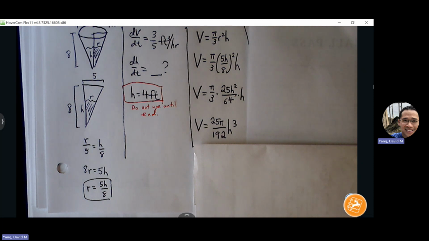Right, now we can find dV/dt, right? dV/dt, coefficient stays, H cubed becomes 3H squared. And then you can start putting information in and just make sure that you hold on to your pi as part of your final answer.